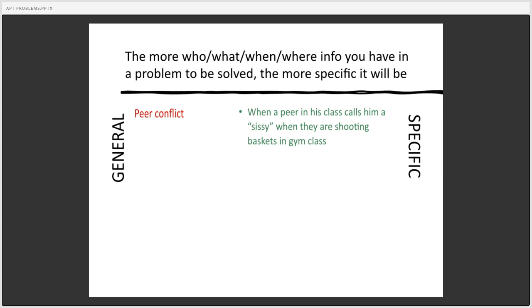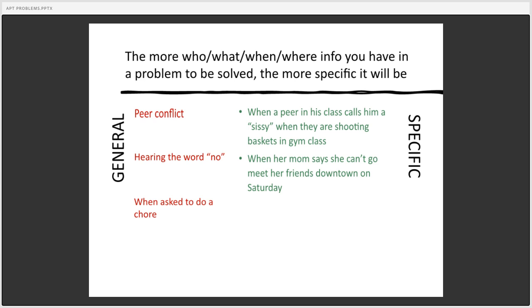Let's look at some more examples. Hearing the word no, super general. When her mom says she can't go meet her friends downtown on Saturday, way more specific, right? So her mom is the who, saying she can't go meet her friends is the what, going downtown is the where, and then on Saturday is the when. When asked to do a chore, pretty general. When the caregiver asks them to make their bed in the morning before going to breakfast, way more specific, right?